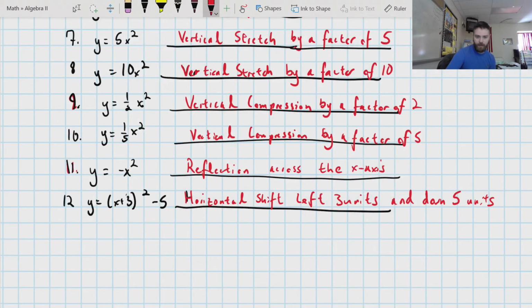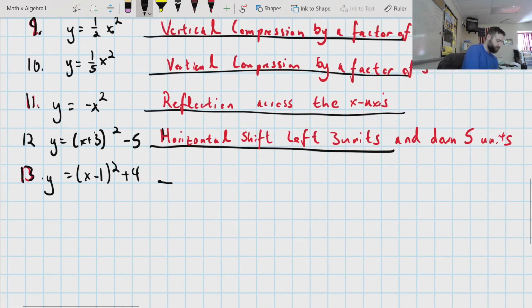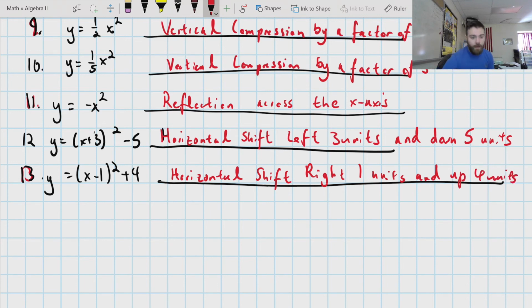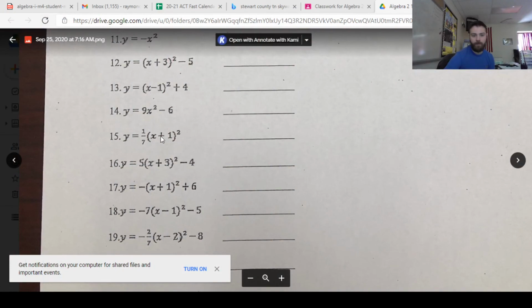So if I go back to this scene, so right 1 unit and up 4 units. Okay, so that's good.